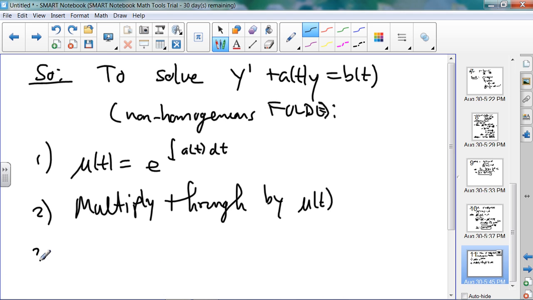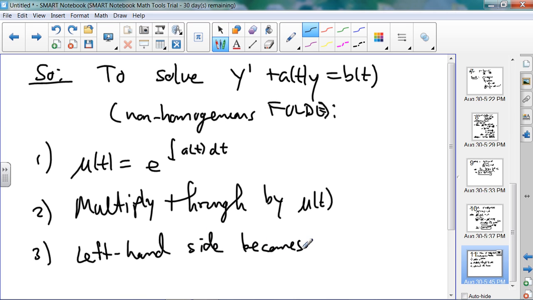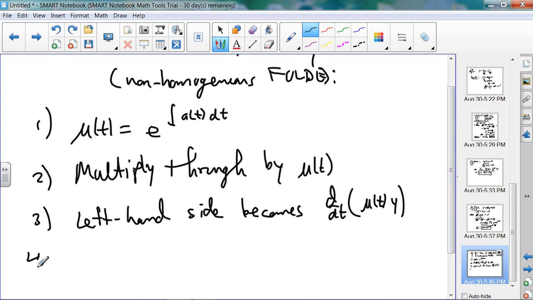And once we do that, we're guaranteed, remember, because that's how we got into this mu business to begin with, that the left-hand side is the derivative of mu times y. And at that point, it becomes essentially that last step in our previous solution technique for the homogeneous ones. So we would pick up where that left off and integrate both sides.